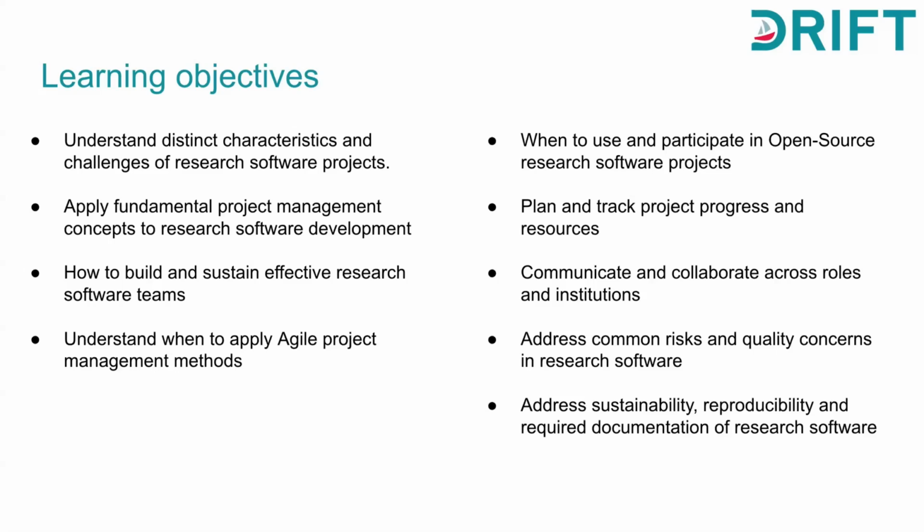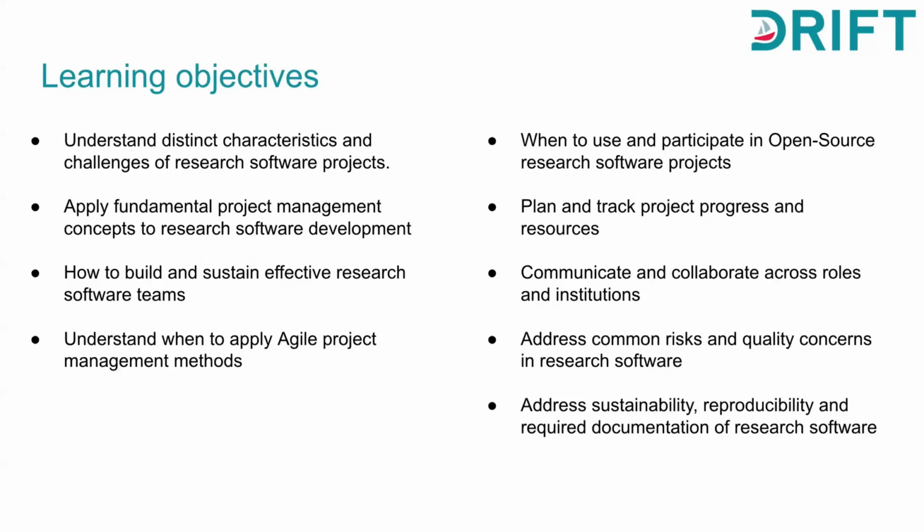And then finally, there's those additional concerns, risks around research software. So things like not just the code quality, but also whether it is producing reliable and reproducible results. So how can you put in place project management practices that help ensure that you are not just creating robust and well-engineered software, but also software that is fit for purpose?